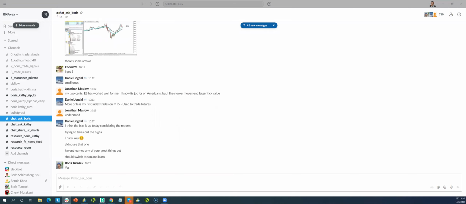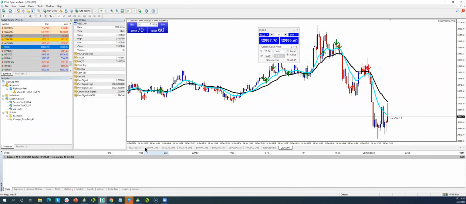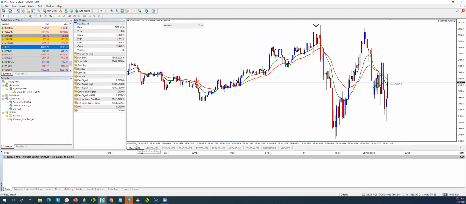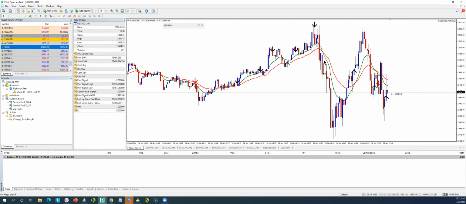So, one of the reasons why I love this idea, and I think maybe it might be better if I show this to you on NASDAQ. Even on the opening session, one of the unfortunate aspects of reference points is sometimes we'll get a super strong trend without any reference points.